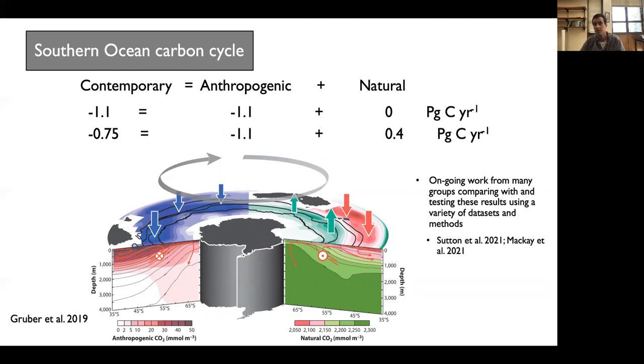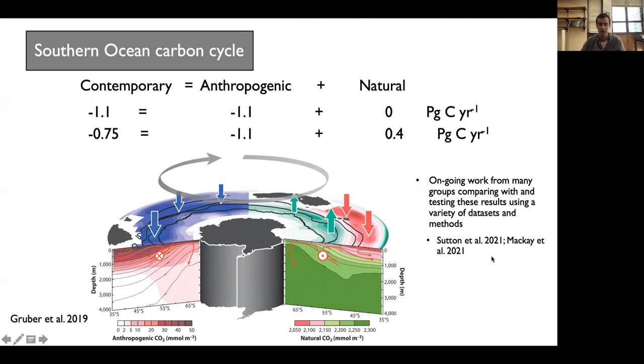And that's consistent with some other work that has showed that there is likely a natural carbon outgassing in the Southern Ocean, potentially from river inputs. But this is something that is really ongoing and has been tested and compared with from a variety of studies using different methods.